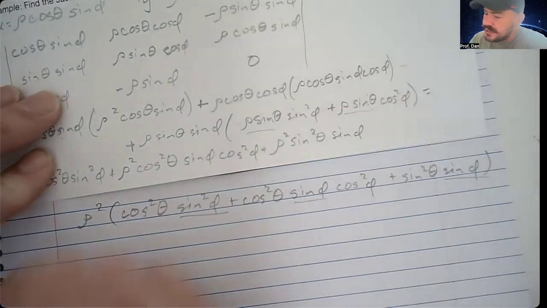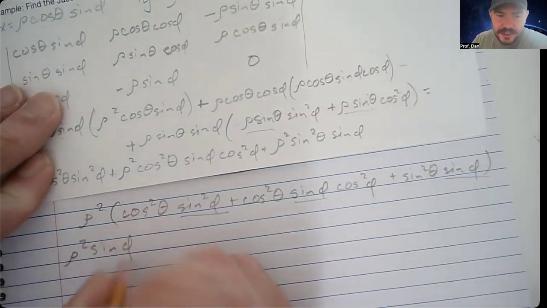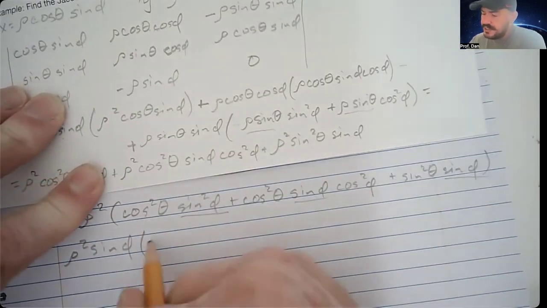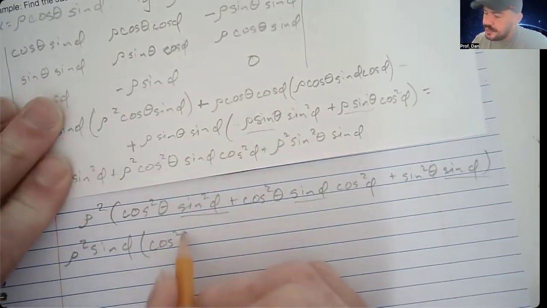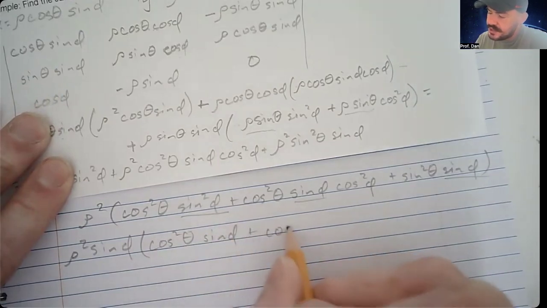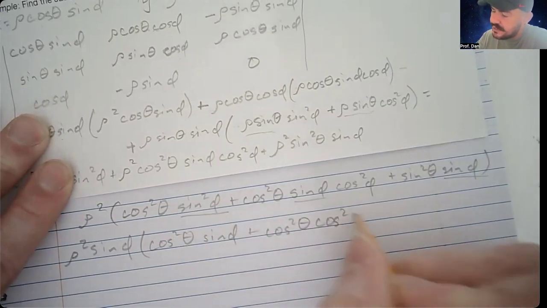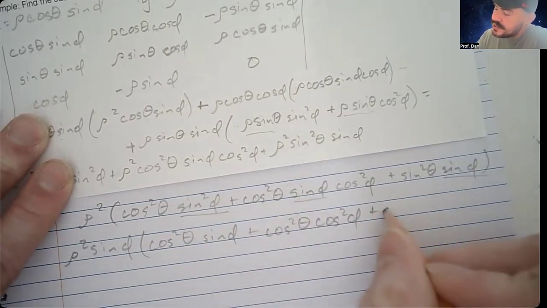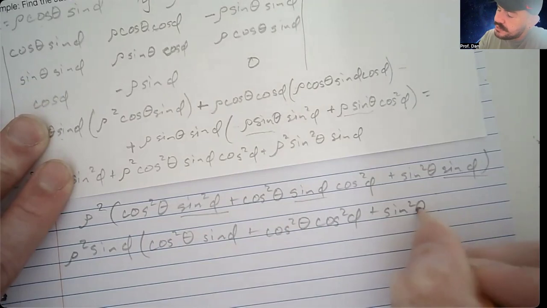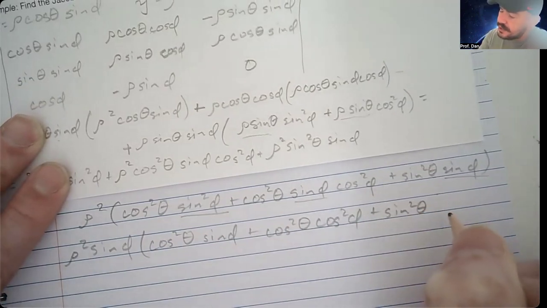So all of my terms also have a factor of sine phi, which I can also take out. When I do that, I get cosine squared theta sine of phi plus cosine squared theta cosine squared phi plus sine squared theta, and that's it.